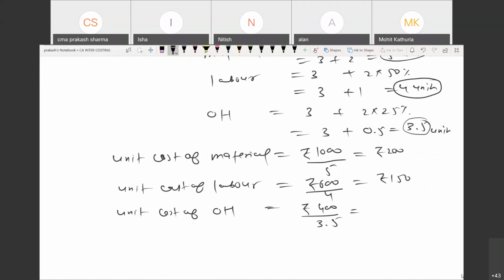So 400 divided by 3.5, it becomes 114.2857. The total unit cost becomes 200 plus 150 plus 114.2857. It becomes 464.2857.